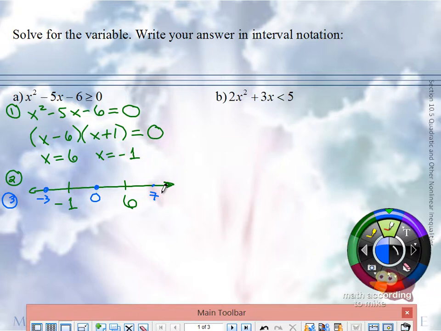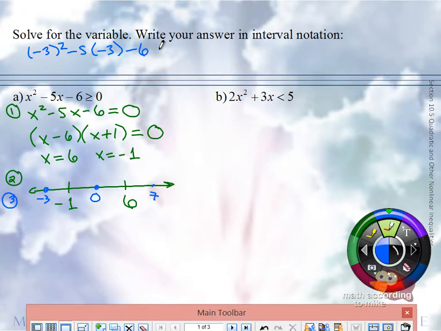So sometimes to the left of negative 1 I see zeros. Nope, that's not correct. What you are going to do is you're going to put these test numbers in blue into the inequality that was in standard form. So for instance, we're going to say negative 3 squared minus 5 times negative 3 minus 6.